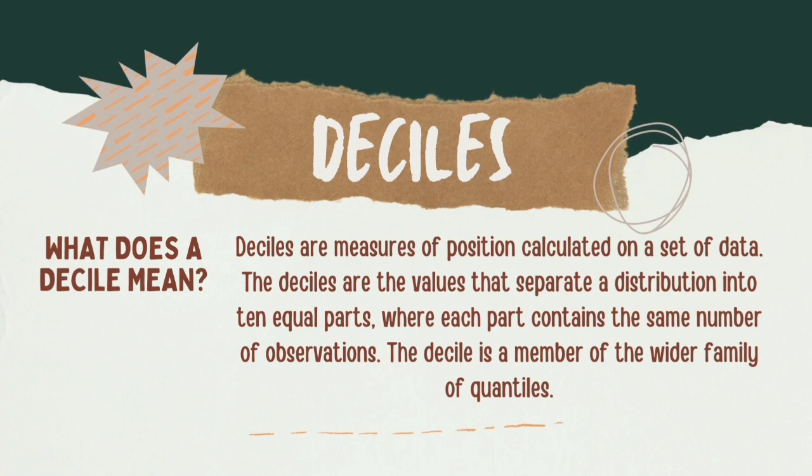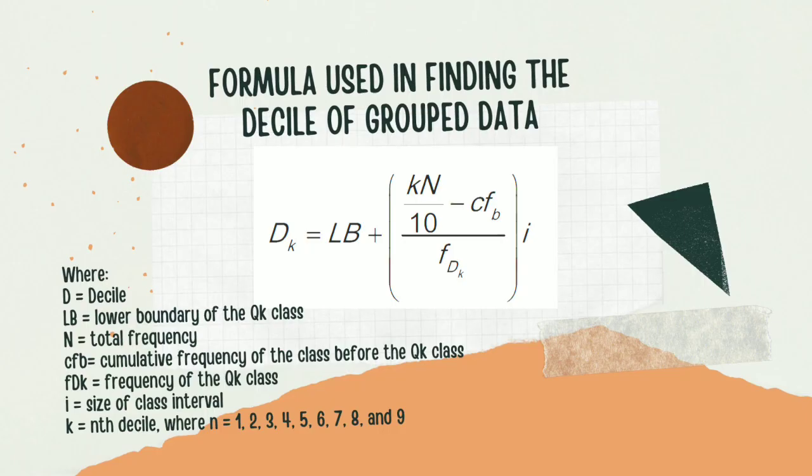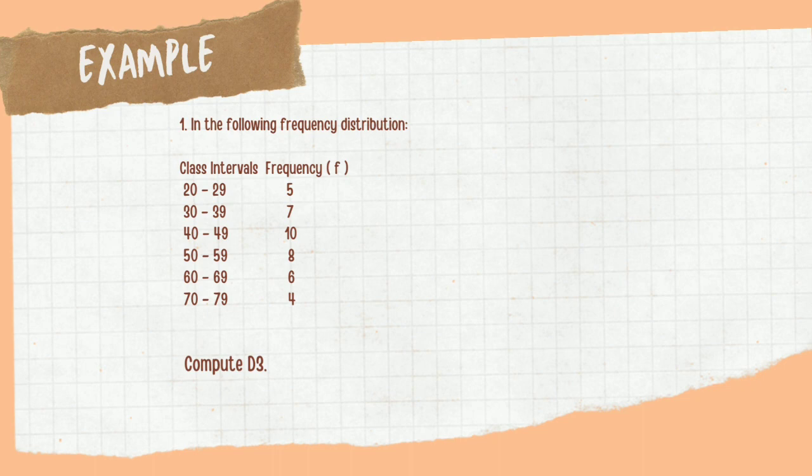So to solve for decile, this is the formula, where D is the decile, LB is the lower boundary, N is the total frequency, CFB is the cumulative frequency of the class before the DK class, F is the frequency of the class, I is the interval of the class, and K is the nth decile, where n is 1, 2, 3, until 9.